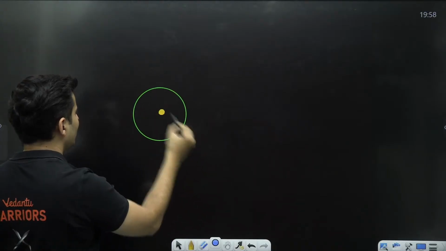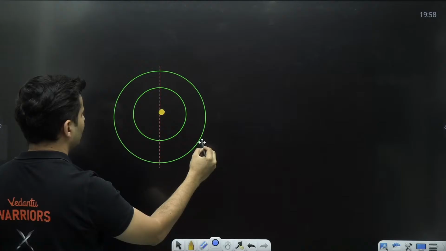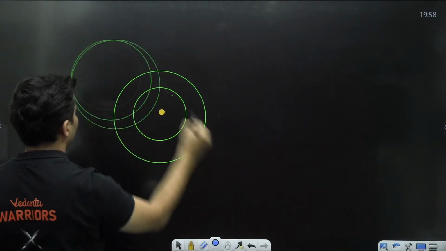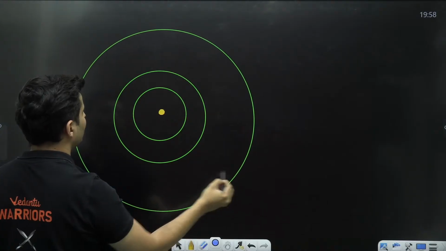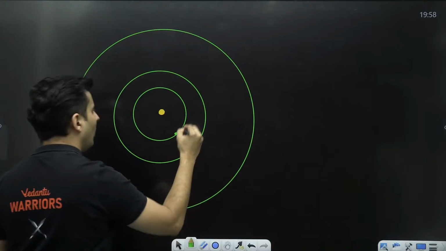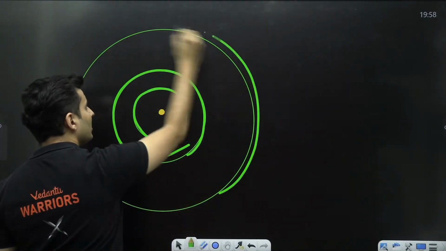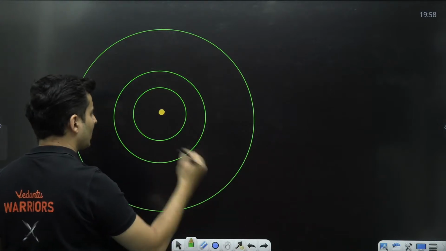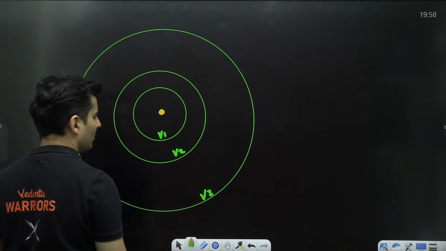So if you draw concentric circles like this, you will see that the potentials at all the points on those circles will be the same. So these are equipotential lines. All the points have the same potential. I can call this V1, V2, V3, and so on and so forth.